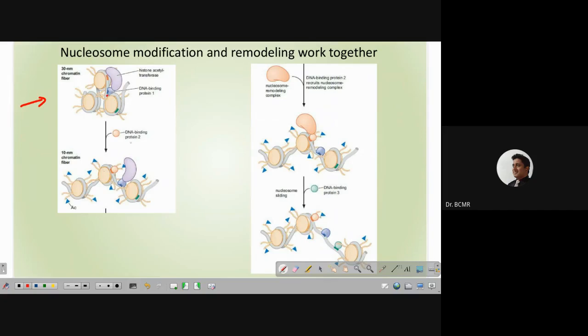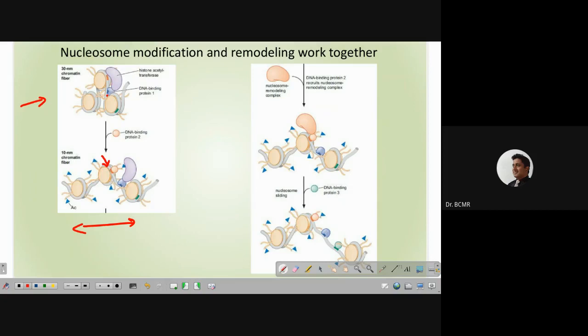Okay, so the DNA binding protein binds here, and then that slides open the binding of another protein, and once the histone acetyl transferase works on it, you have acetyl groups and the chromosome is much more opened up, expanded, because of which you might have several proteins interacting with DNA sequence based on sequence specificity.